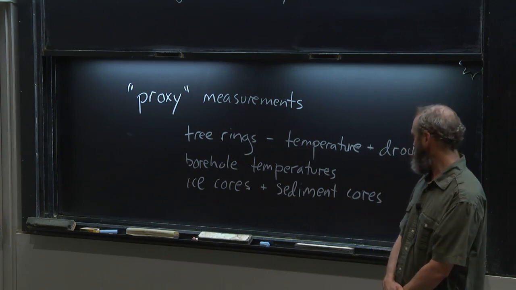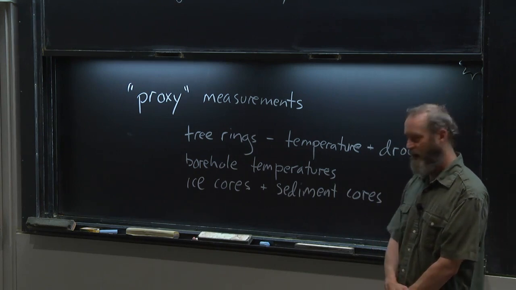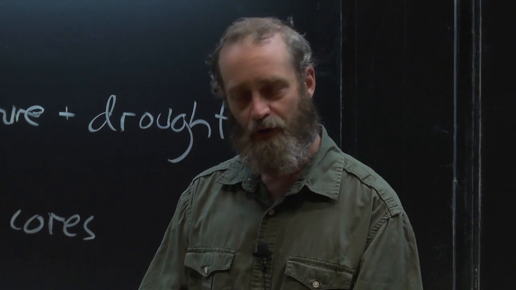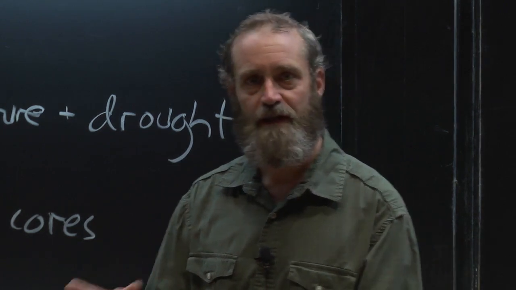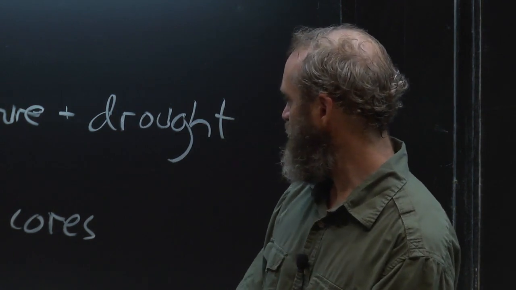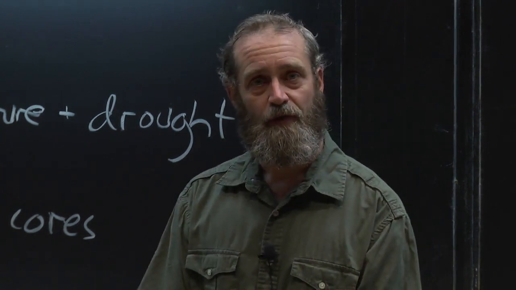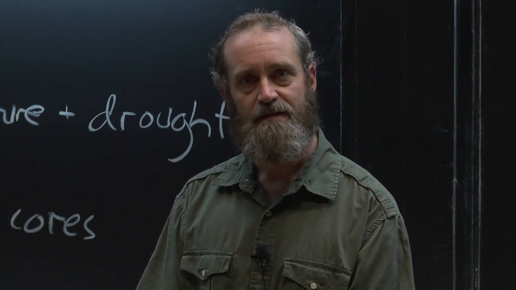In general, a lot of the paleoclimate records come from ice cores that accumulated in Antarctica or Greenland or on the tops of mountains, little mountain glaciers, and also sediment cores from the ocean and from lakes. So let's hear about some paleoclimate proxies.